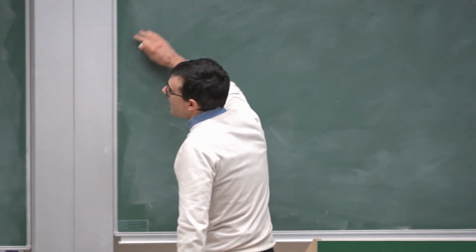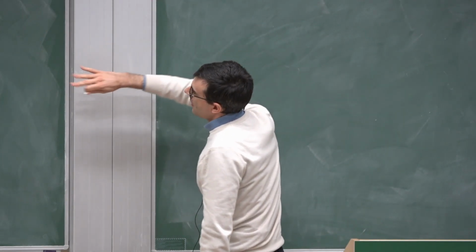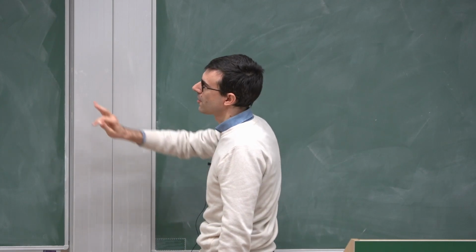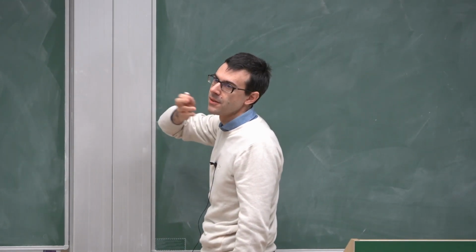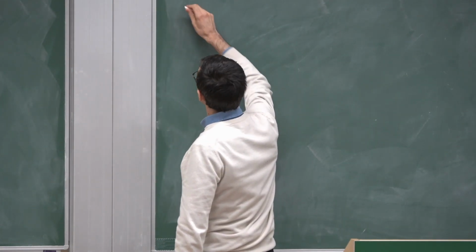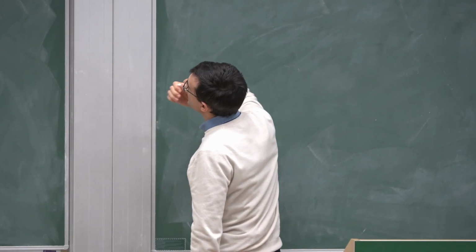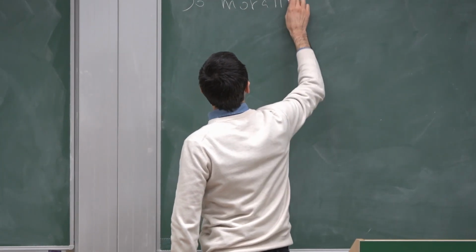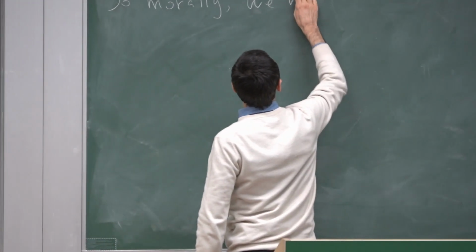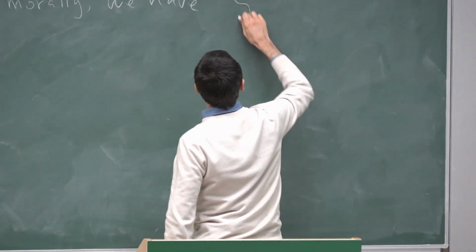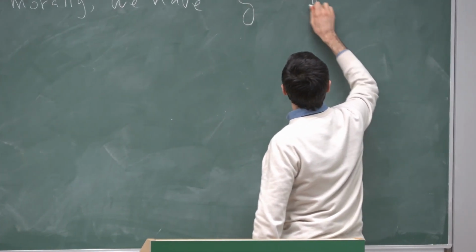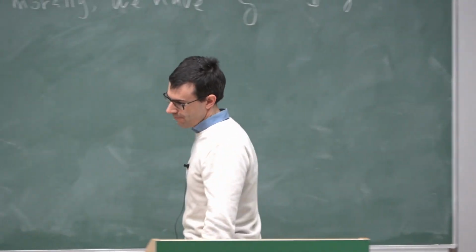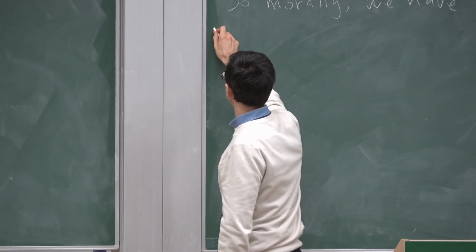So we are morally in the situation of some kind of infinite dimensional analogue of a reductive group acting on a space J. So morally, we have G complexified acting on J. Well, we only have the orbits, but it's good enough for us.